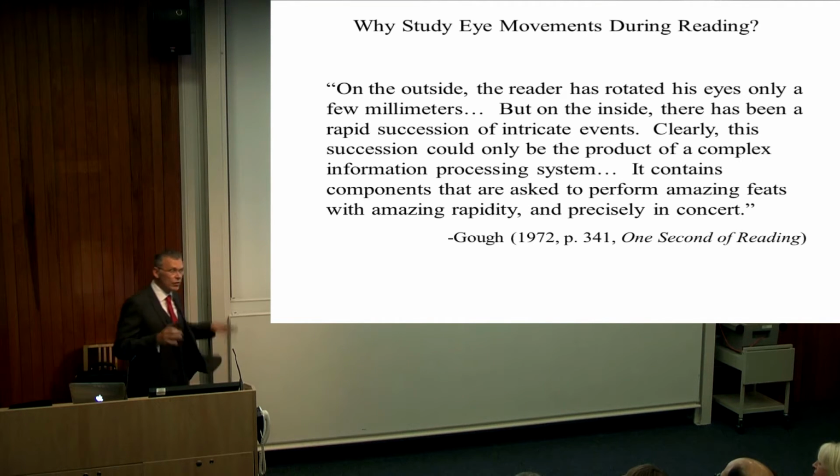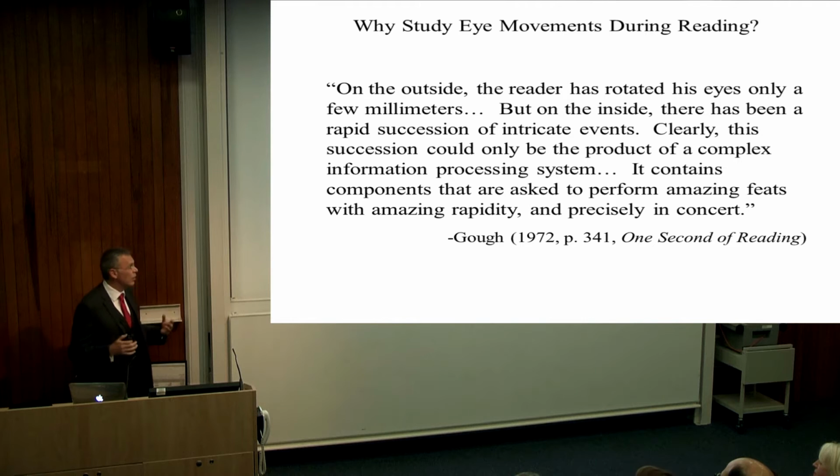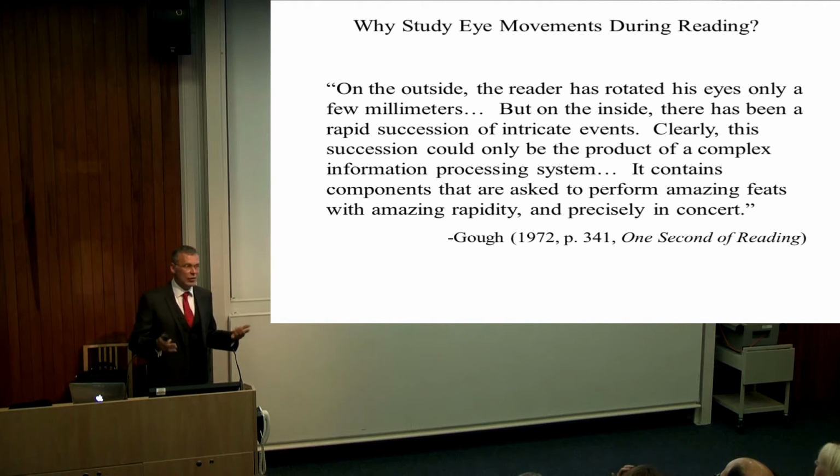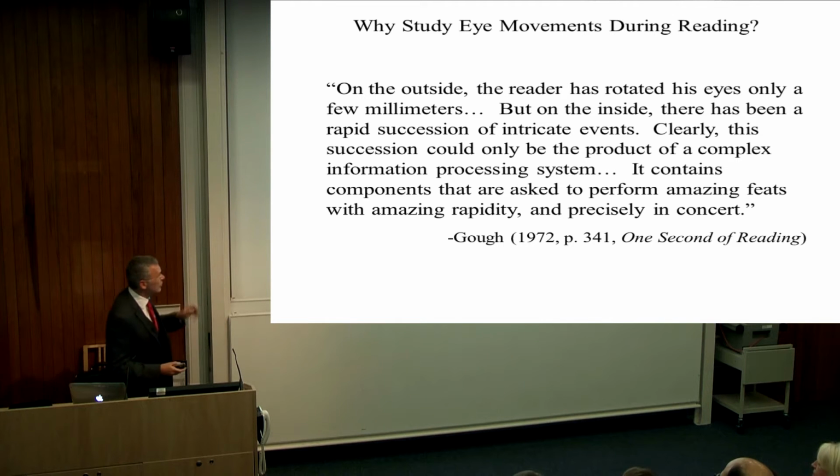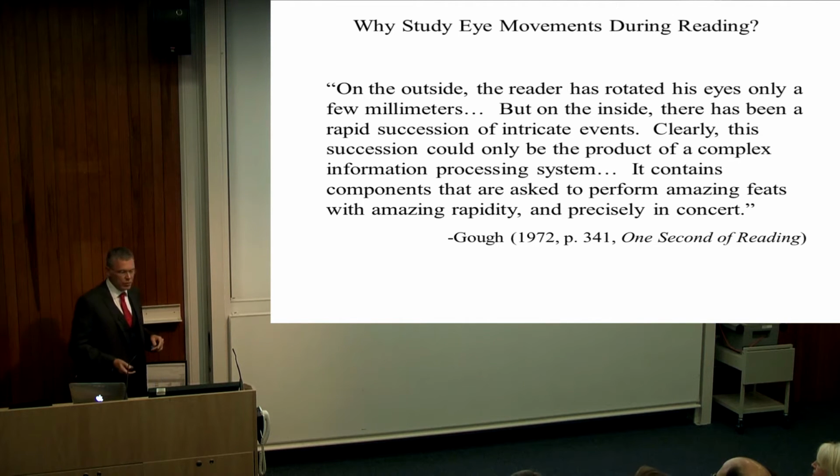So in a nutshell, this quote encapsulates my interest as a scientist. I really want to understand what these amazing components are and how they interact in real time to determine when and where the eyes move as we're reading text. So you might ask yourself, what are those components?